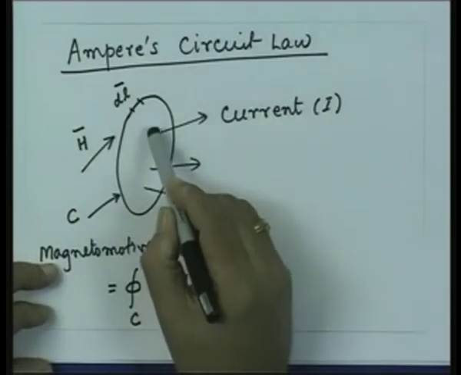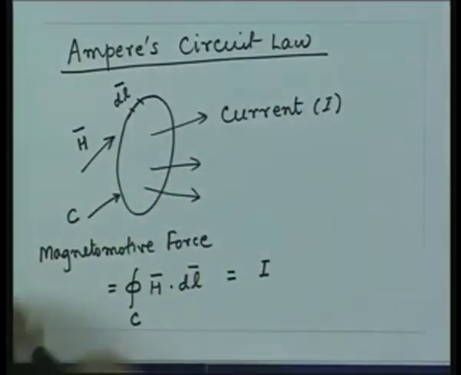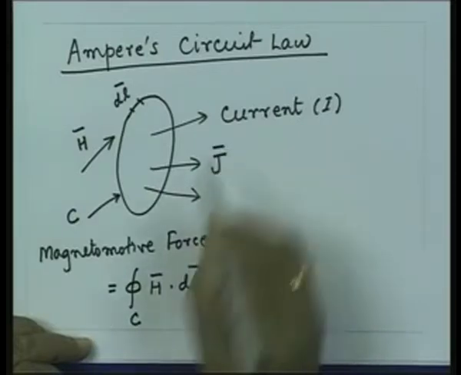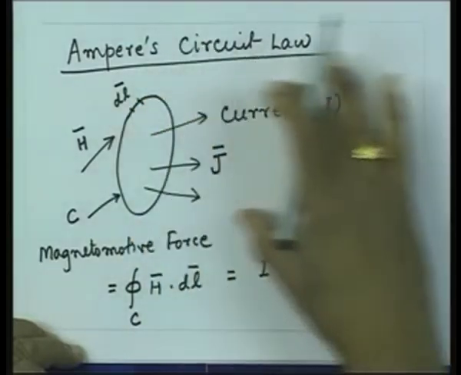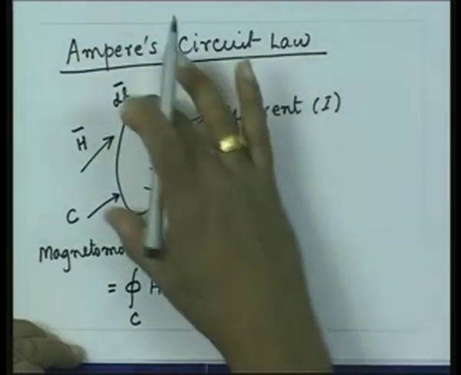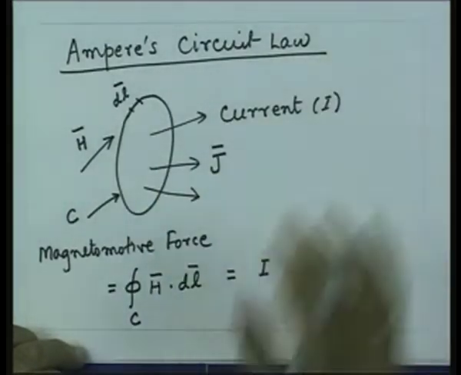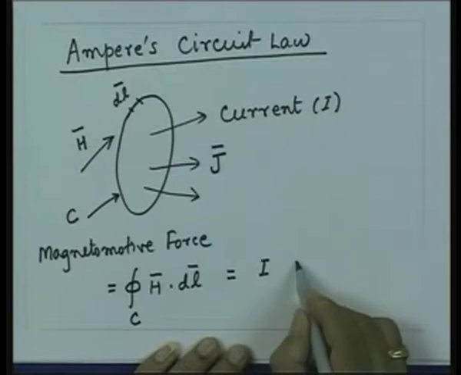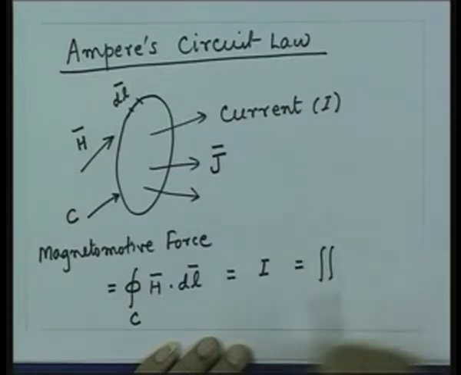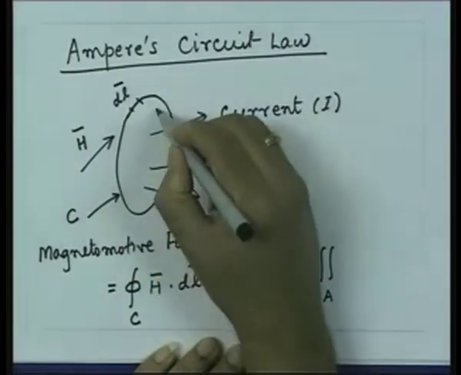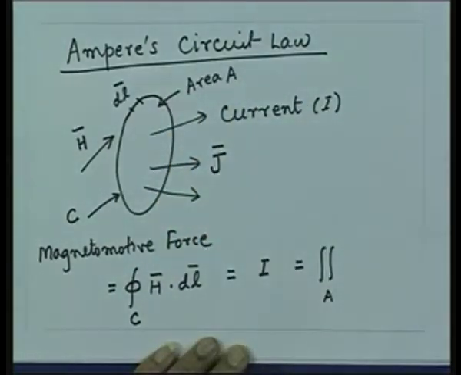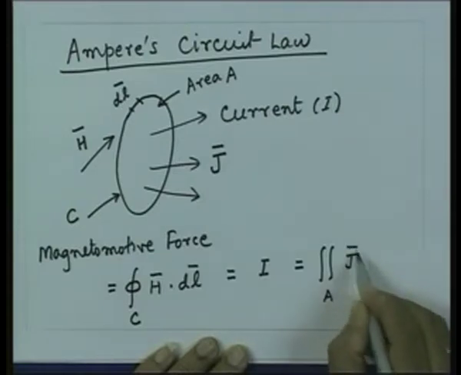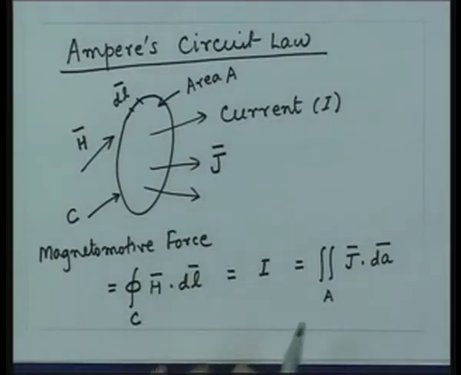So, if I know the conduction current density inside this loop, let us say J, the net current is J integrated over this area, which gives me the total current I. So, I can write this as the integral over this area A of J dot dA.